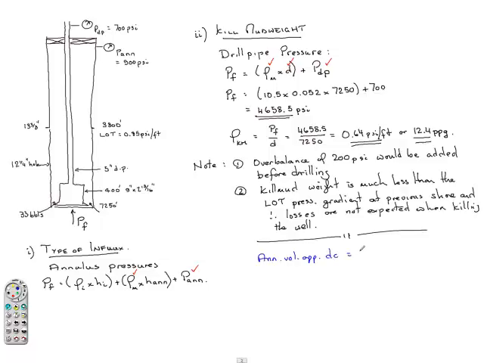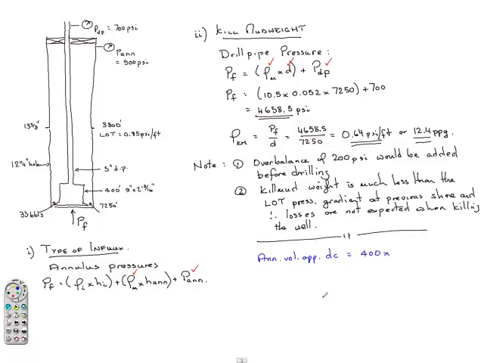And that equals 400 times, now in order to do the other part of this question, you need to look at the second page of the question where I give you the annular capacities or volumetric capacities in the annular spaces.